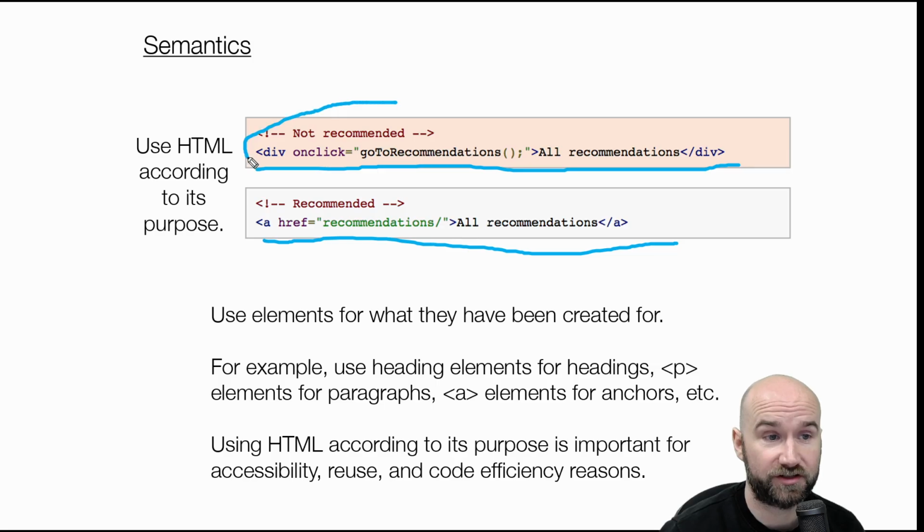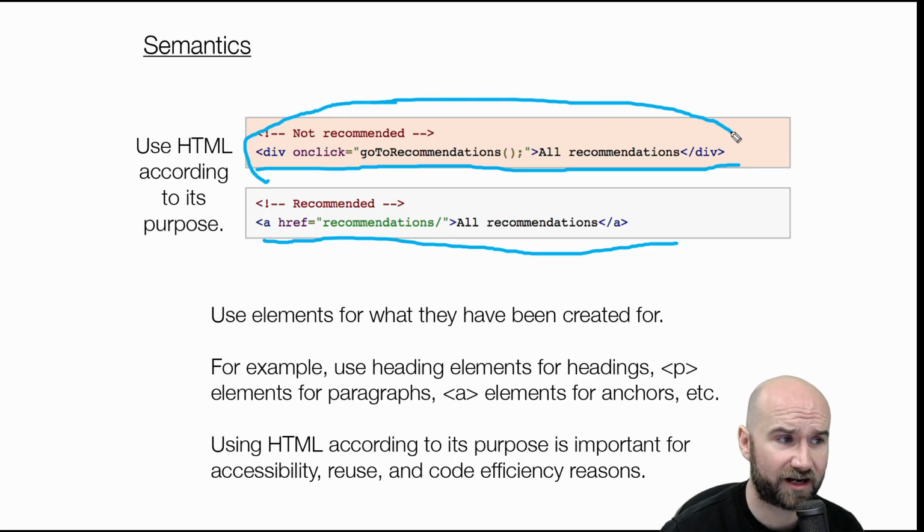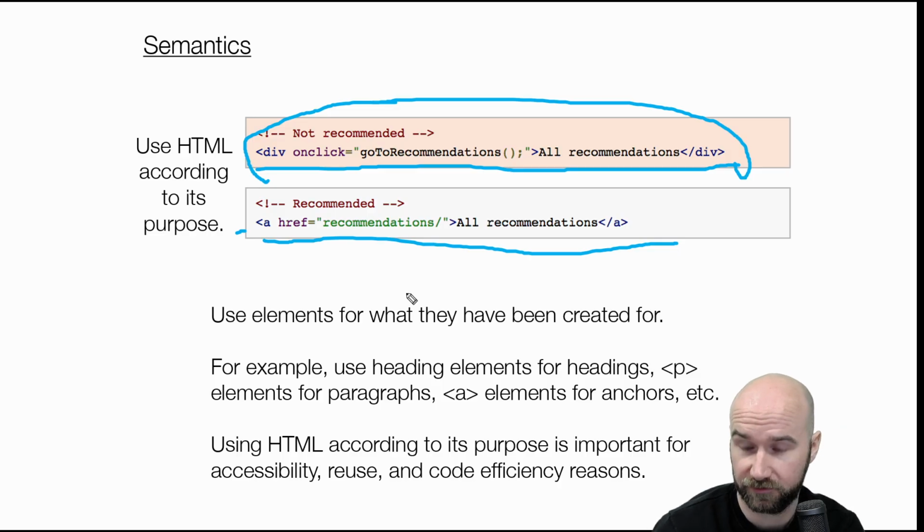So this would be over-engineering, using JavaScript to make a link, and using a div. You have to look at this and go, why? Now you have JavaScript to maintain and debug, whereas you do not here, down at the bottom. So use the elements for their semantic meaning, which we've already covered today, really.